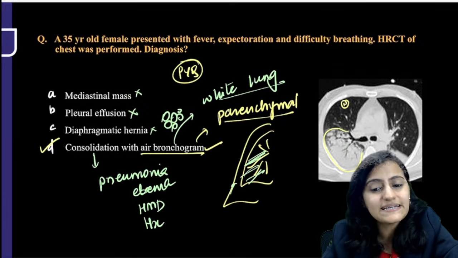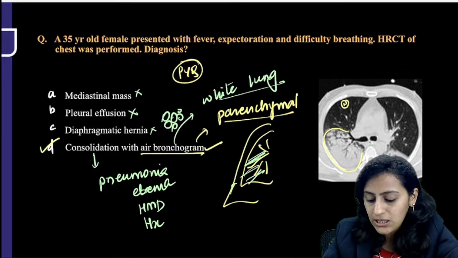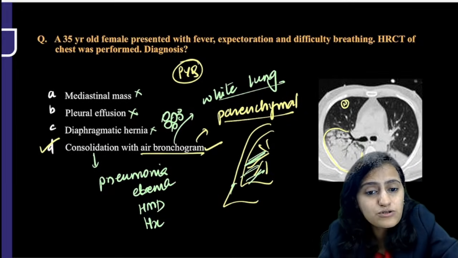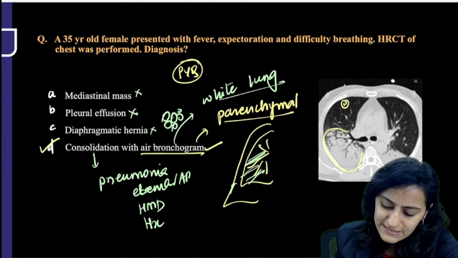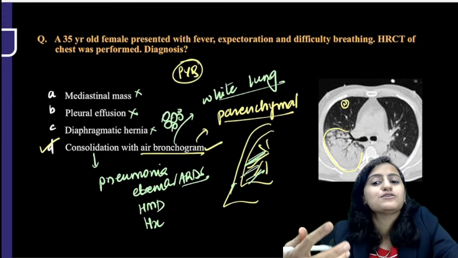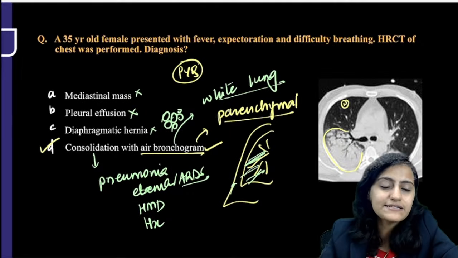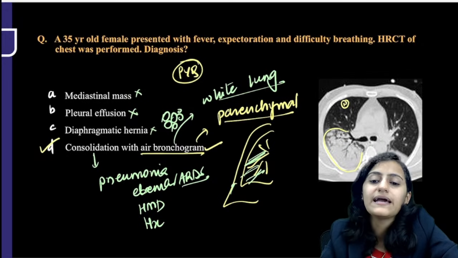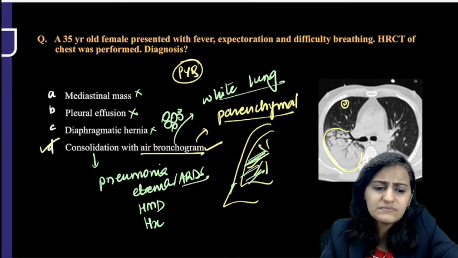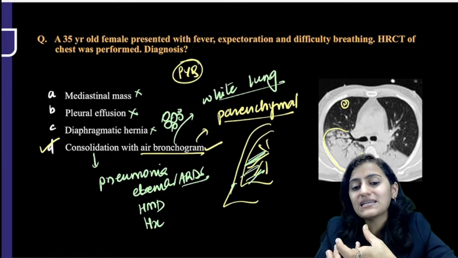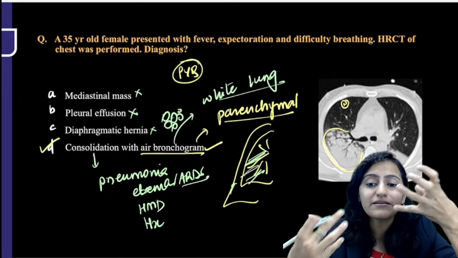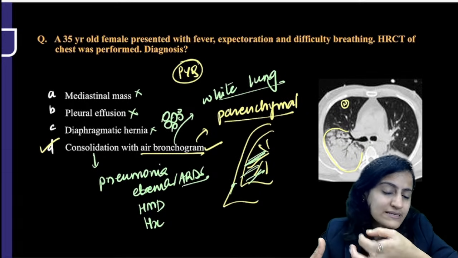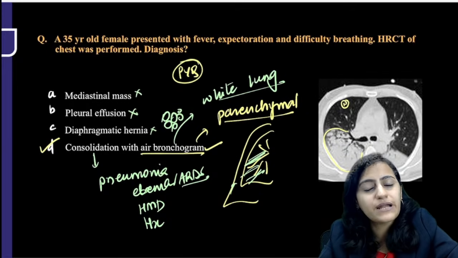Yes. ARDS also can show the air bronchogram sign because ARDS is basically non-cardiogenic pulmonary edema. So pulmonary edema, be it ARDS as well, can show the air bronchogram sign. Not ILD; interstitial lung disease does not have the lung becoming white, so that will not show the air bronchogram sign.